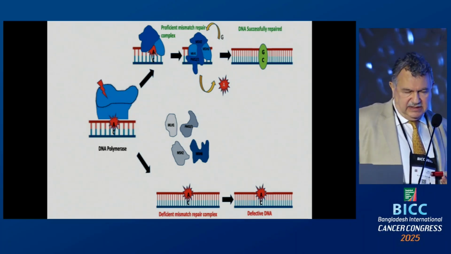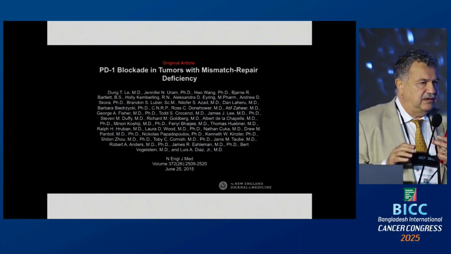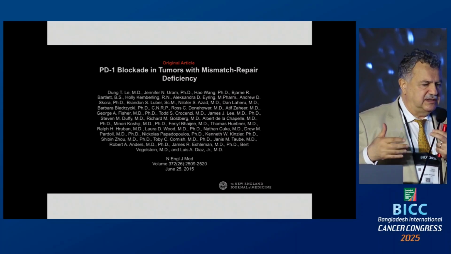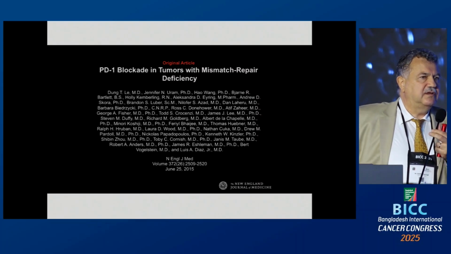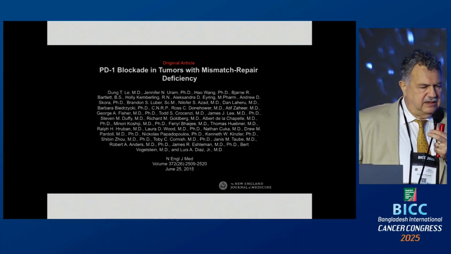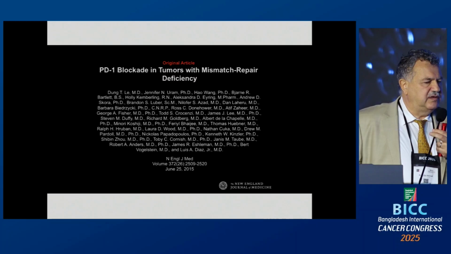Now this is DNA with mutation, and it was recognized a few years back in the most important article, in 2015 in the New England Journal of Medicine: if you have a mismatch repair abnormality, so an MSI-high tumor, then if you give immunotherapy, it works very well.